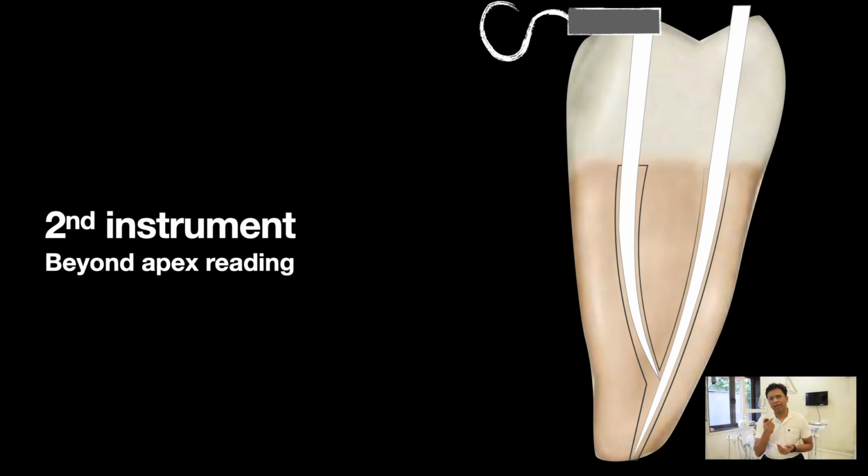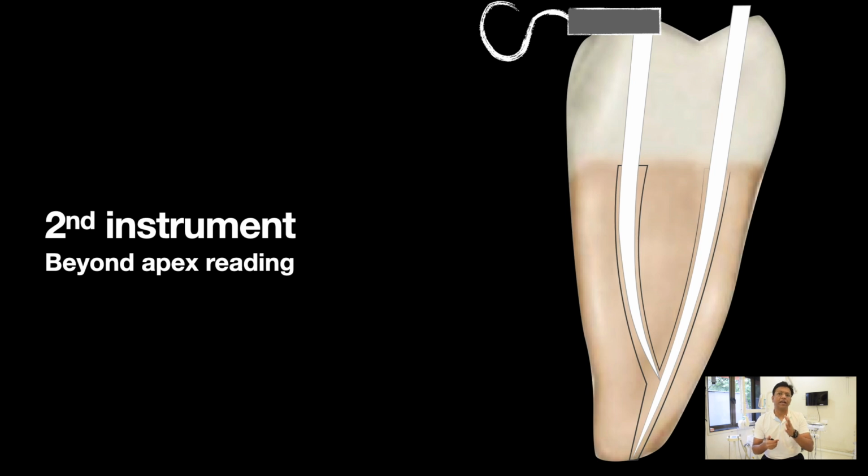Now, second instrument in the canal. This is very commonly seen with the mesiobuccal roots of the maxillary molar or the mesial roots in the mandibular molar. So, let's take an example of the mesial root of a mandibular molar. Whenever two canals are joining in the mesial root, the mesiolingual is always the straight canal and the mesiobuccal joins the mesiolingual canal.